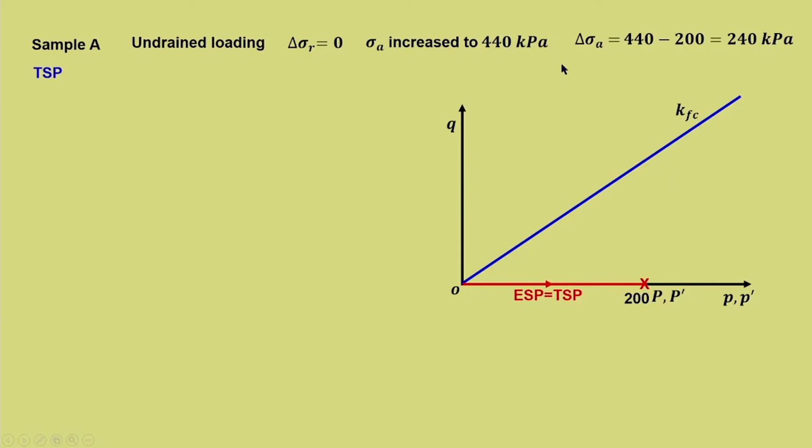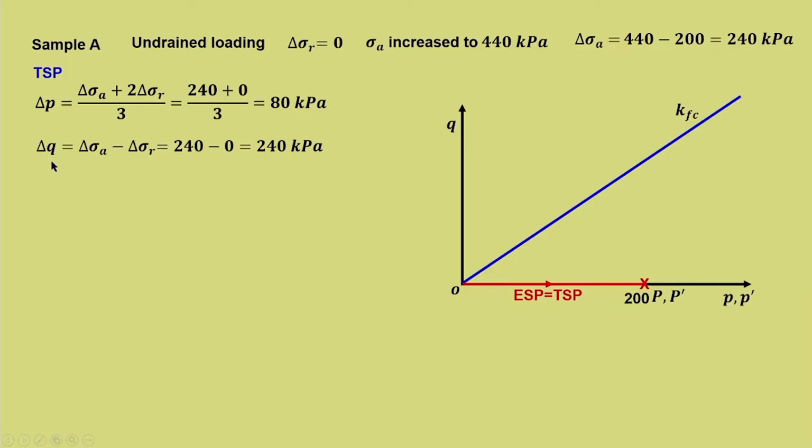So, these data is known. Now, for total stress path, it is pretty straightforward. Delta p is equal to (delta sigma a plus 2 delta sigma r) by 3. Now, delta sigma r is 0, that is substituted, delta sigma a is 240 and hence delta p is equal to 80 kilopascal. Where you can go wrong in this question, if you interpret that 440 is over and above, there is a possibility of misinterpretation.